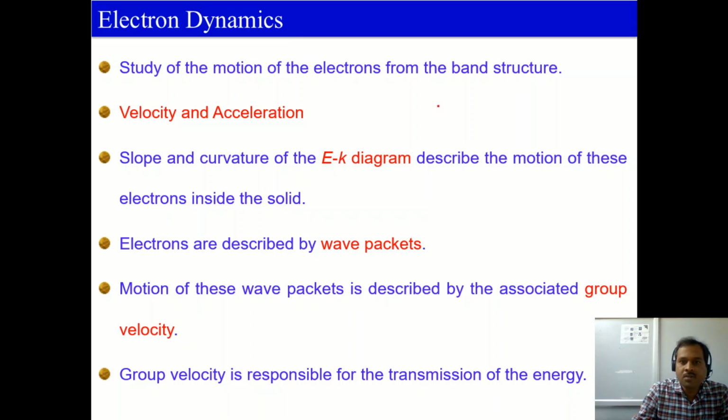We know that the electrons are basically wave packets from de Broglie's hypothesis. Any moving particle can be associated with a matter wave, and a collection of matter waves with a slightly varying frequency is what corresponds to a wave packet. Any realistic particle can be described by a wave packet, and the motion of this wave packet is associated with the group velocity, which is defined as d omega by dk.